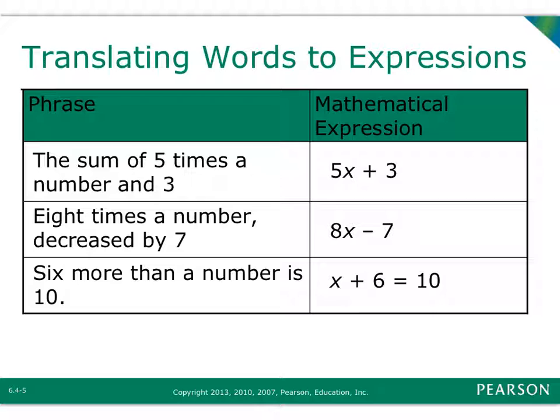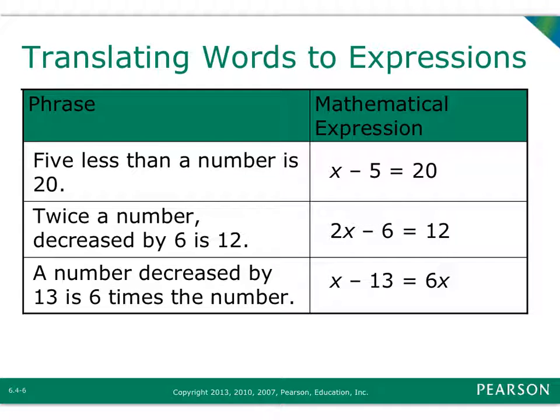6 more than a number is 10, so it's x plus 6 is equal to 10. A few more expressions. 5 less than a number is 20. So now we have an actual equation here. 2x minus 6 is equal to 12.